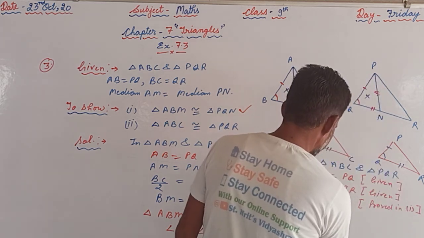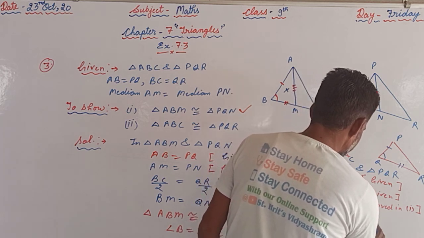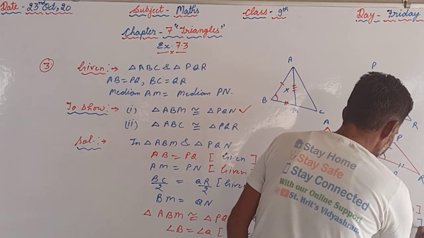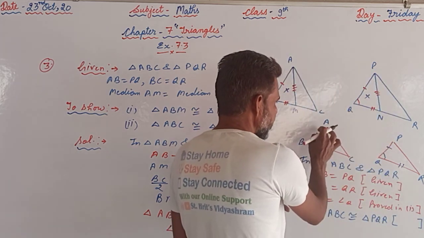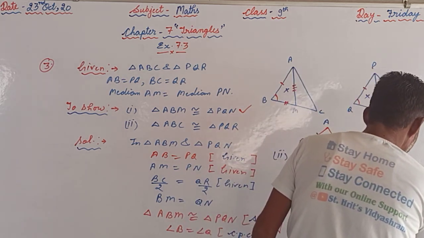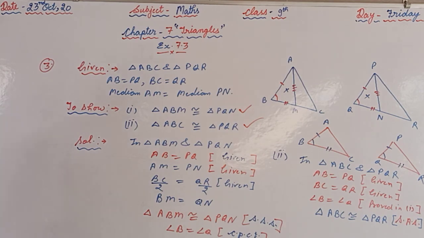Now the triangles are congruent: ABC is congruent to triangle PQR. Now we select the criterion, and the criterion is side, angle, side. In this way the second part also has been proved.